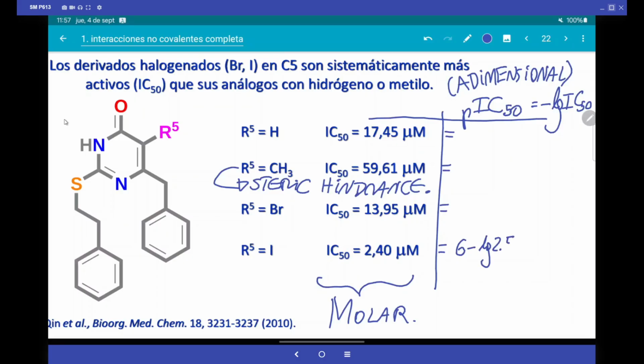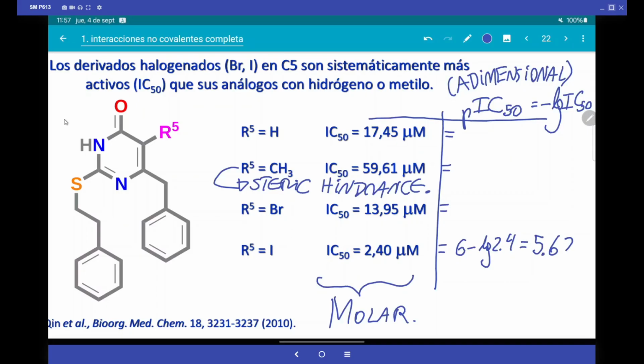Let me calculate here with the scientific calculator: 6 minus the logarithm of 2.4, and that would give me 5.62.